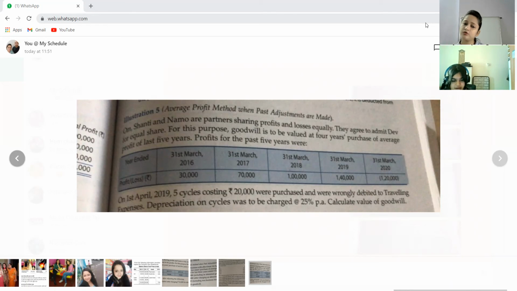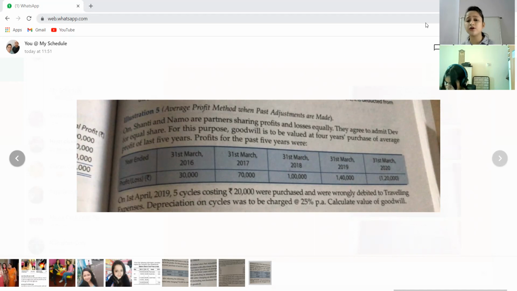Add it back. So add traveling expense. From which year, tell me the year. 2019? No, it started on 1st April 2019, but it will be from 2020, 31st March 2020.